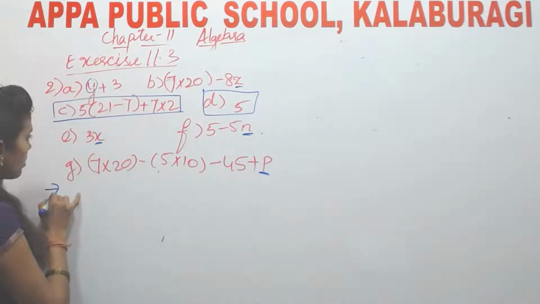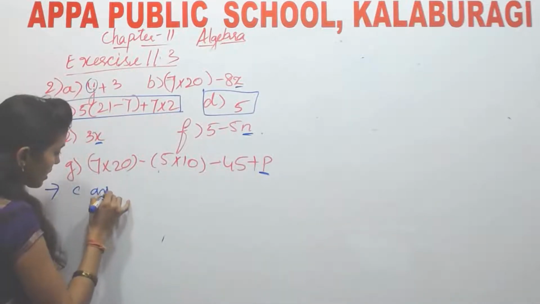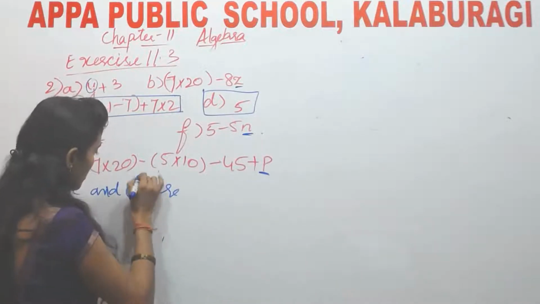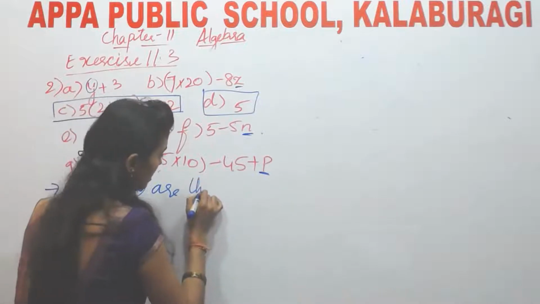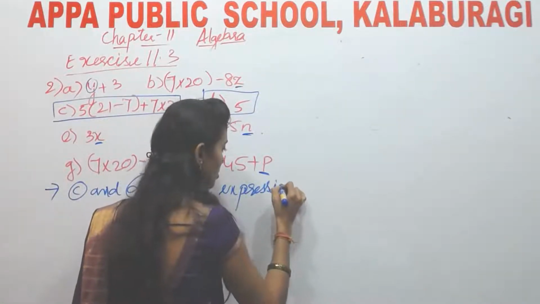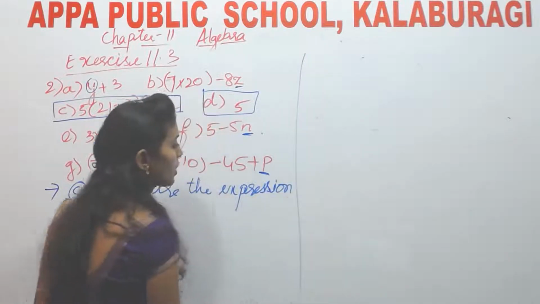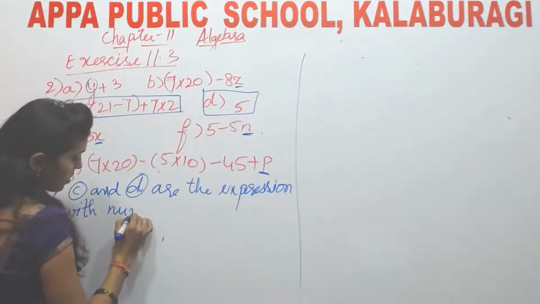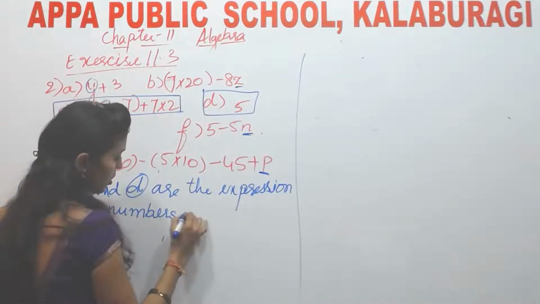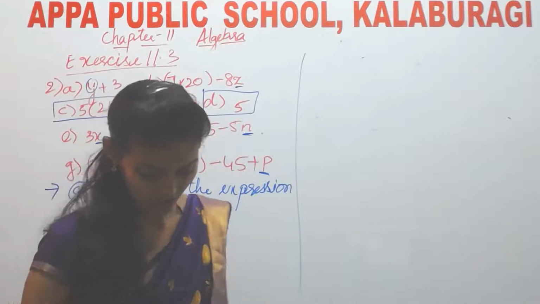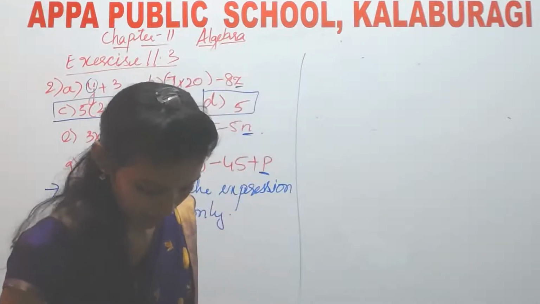So therefore, C and D are the expressions with numbers only. Next one.